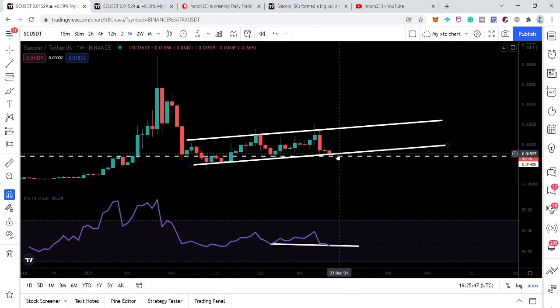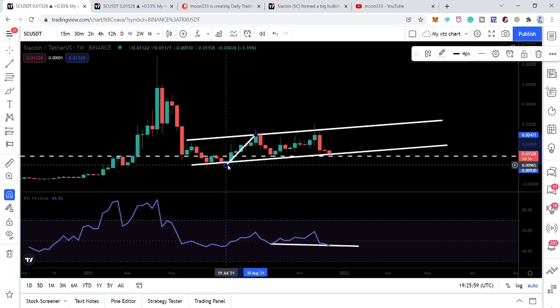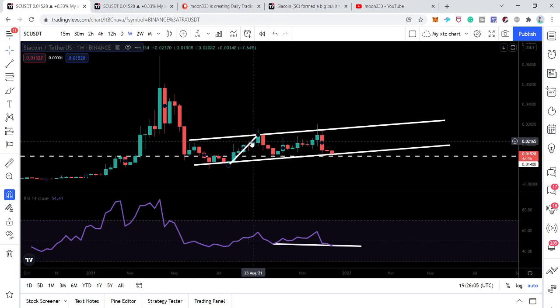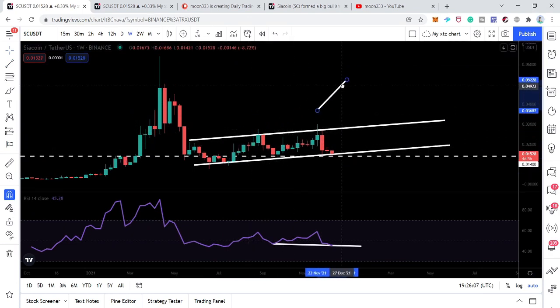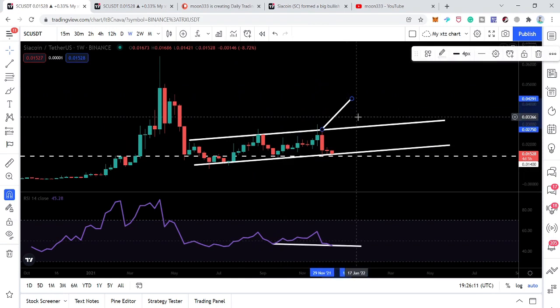For example, if the price line rallies up to this channel, it will be approximately at 2.7 or 2.8 cents. However, if the price action breaks out of this channel, then I'm expecting that from this low, where the price touched the support, to this high, where the price line reached the resistance of the channel for the first time after hitting the support, this can be our next target, approximately at 4.3 cents.